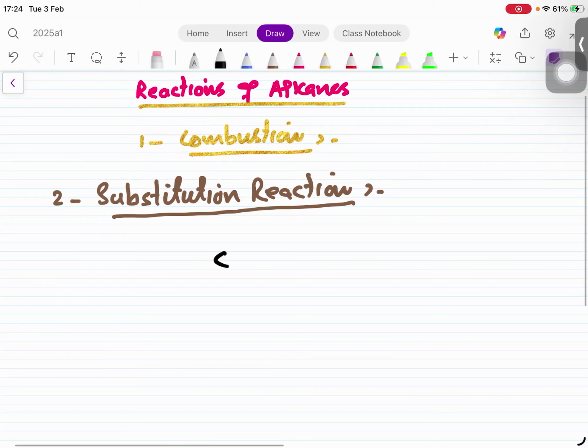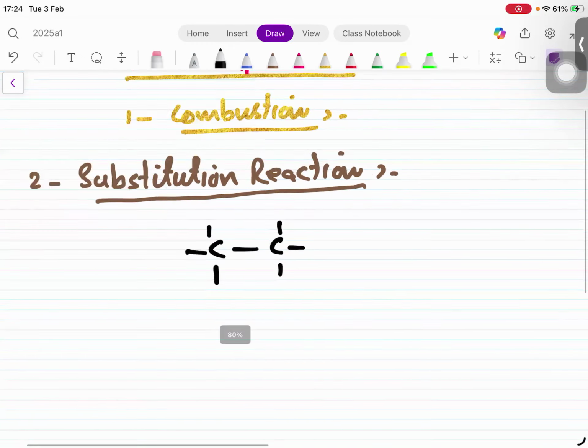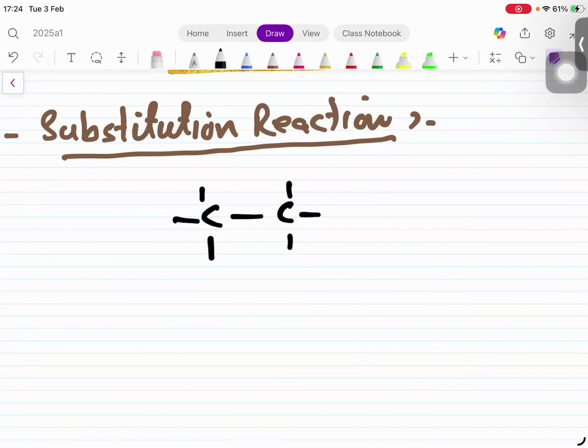If you look at an alkane, first let me explain what is a substitution reaction. If this is an alkane, for example, and these are the hydrogens, so if you replace one of the hydrogens of an alkane, it is known as substitution reaction, right?